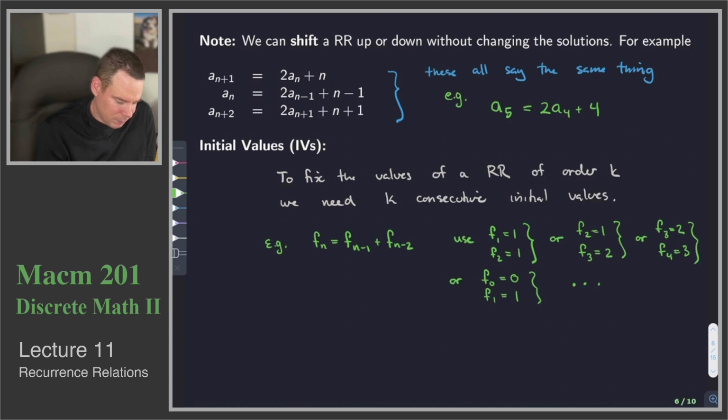Why is this the case? Well, let's just focus on one. I will focus on, let's say we have these 2 consecutive values. So that means here's my sequence, 1, 2, 3, 4, and so on.